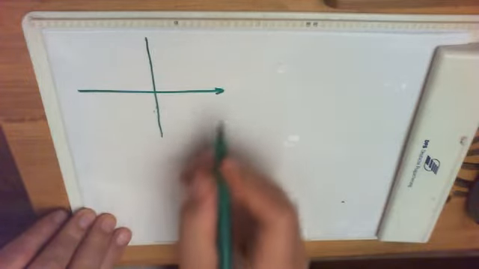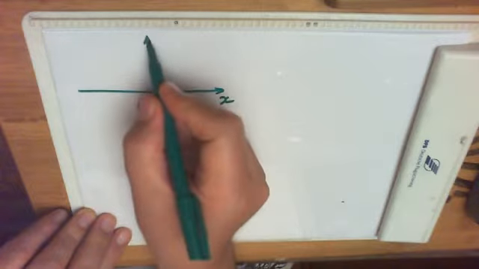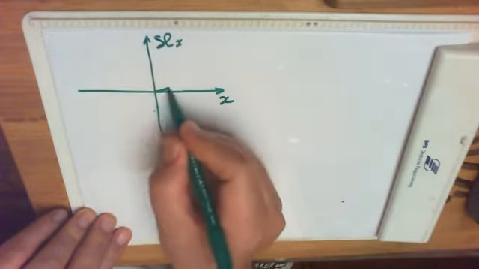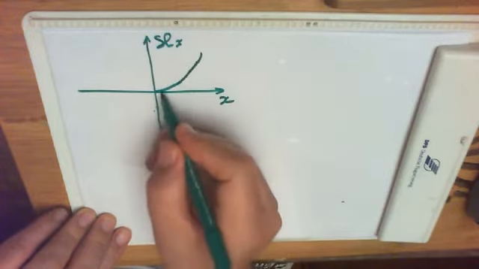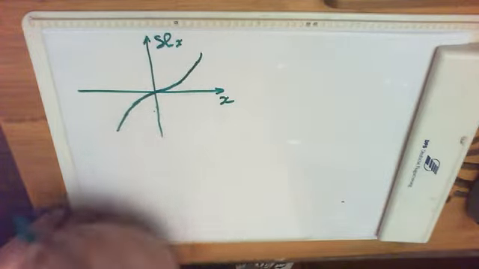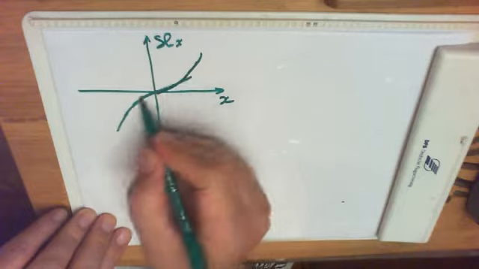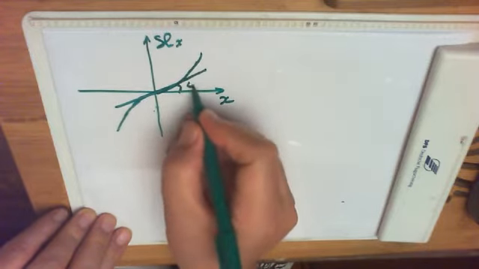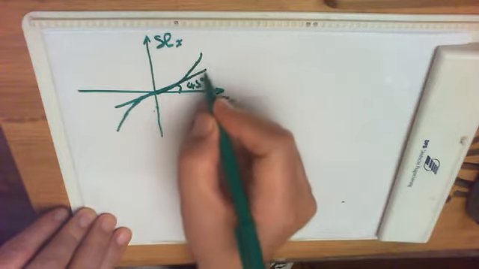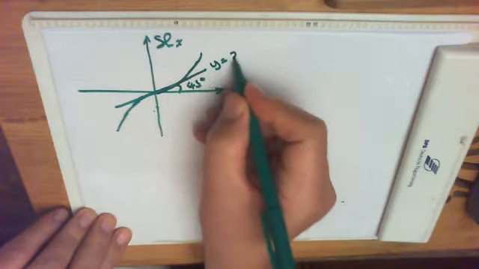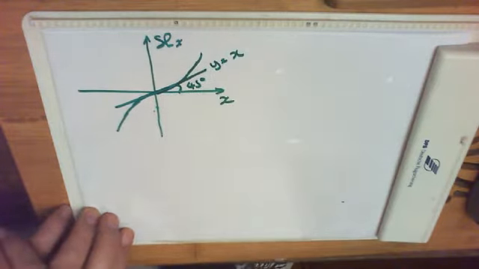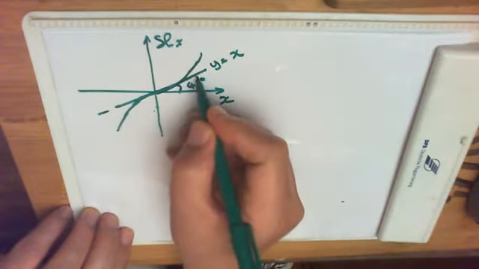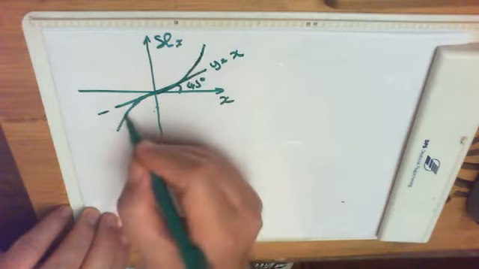It is not x cubed, but it is in one way or another similar to it, like this. Actually this curve is tangent at the origin to the 45 degrees line y equals x. This is the tangent to y equals sinh x at the origin.